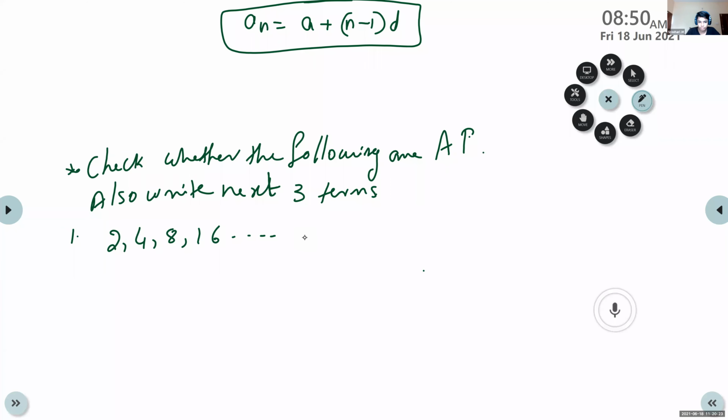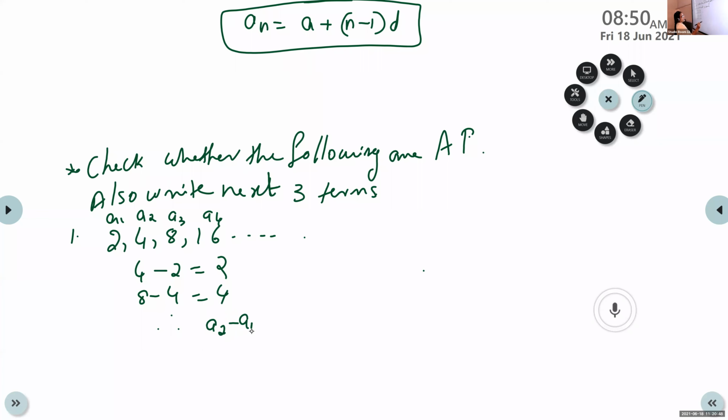Here the difference of 2 and 4 is 4 minus 2, which is 2. 8 minus 4 is 4. There is no common difference. Therefore, we can write A1, A2, A3, A4. A2 minus A1 is not equal to A3 minus A2. They are not equal. Therefore, not an AP.